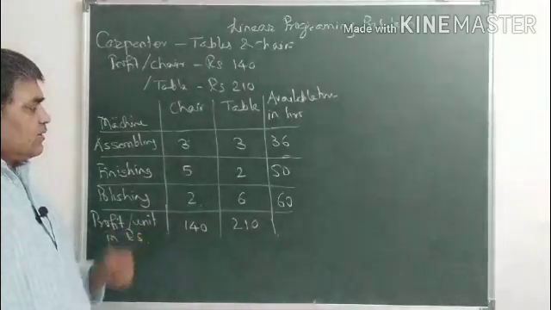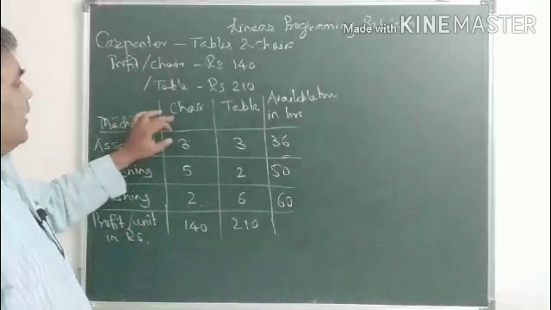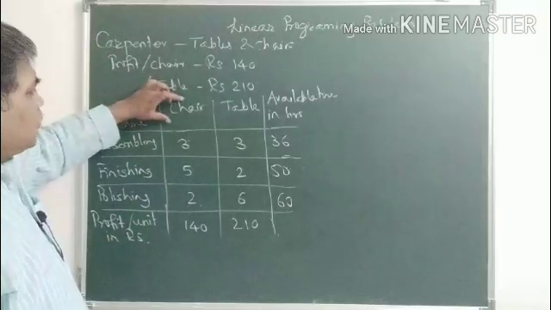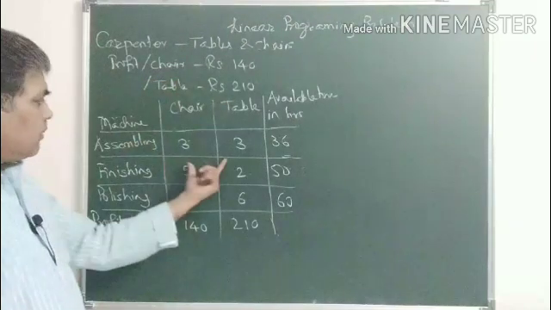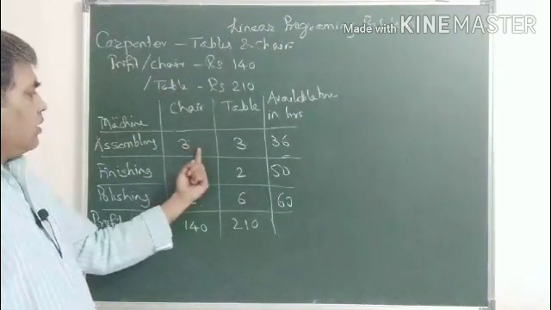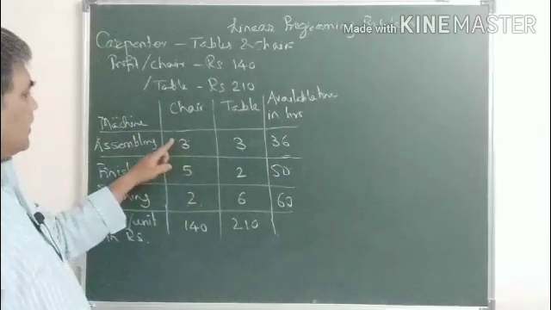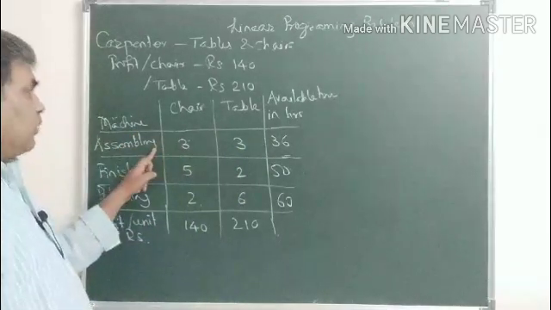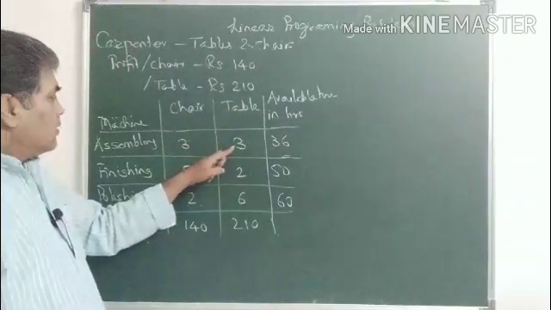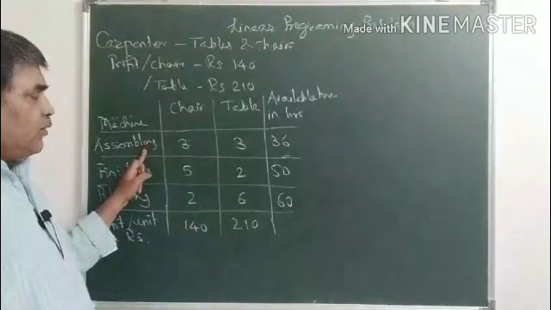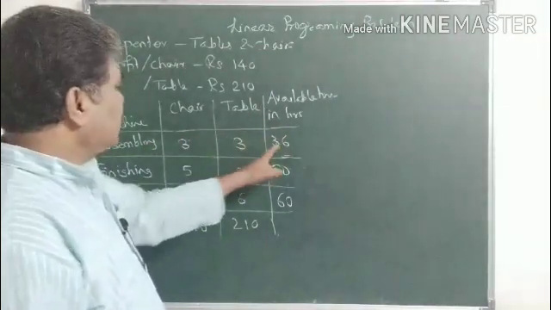So in this problem, our aim is to find number of chairs to be produced and number of tables to be produced. This information is given for 1 unit. So 1 unit of chair requires 3 hours for assembling, 1 unit of table requires 3 hours for assembling, and total number of hours available for assembling is 36.